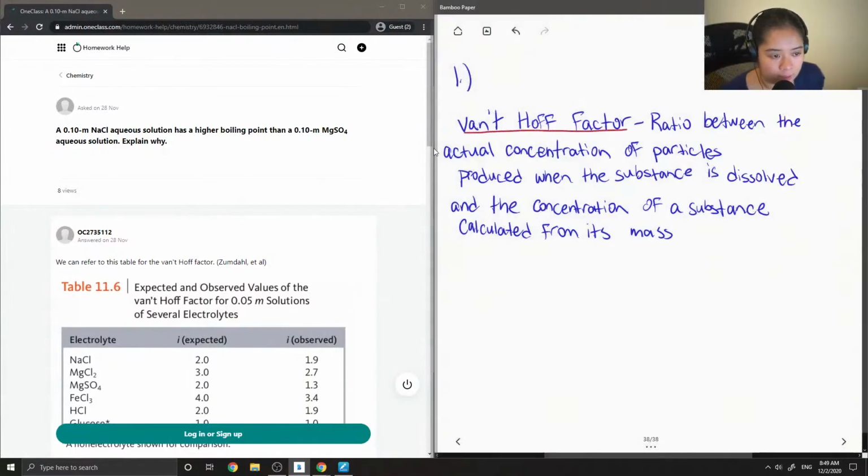Okay, so again, it is the ratio between the actual concentration of particles produced when the substance is dissolved and the concentration of a substance calculated from its mass. So it can be expressed using the following formula.